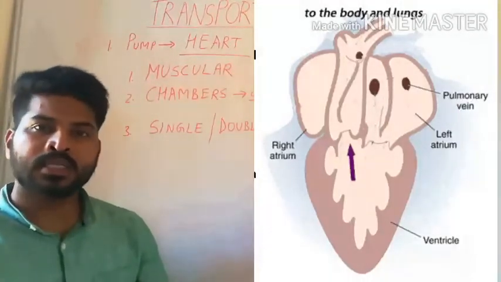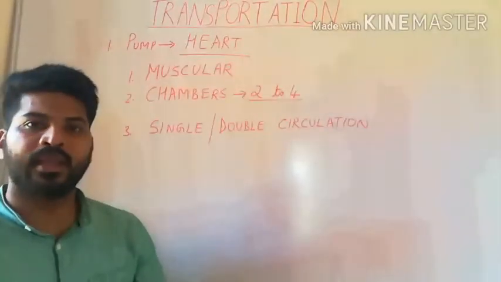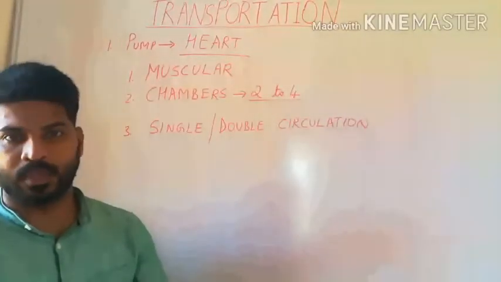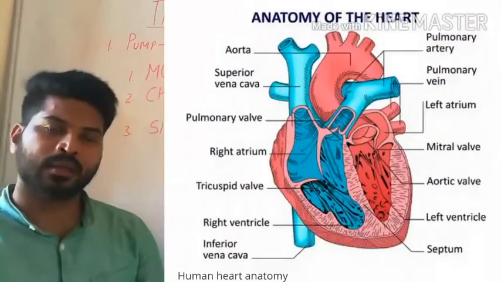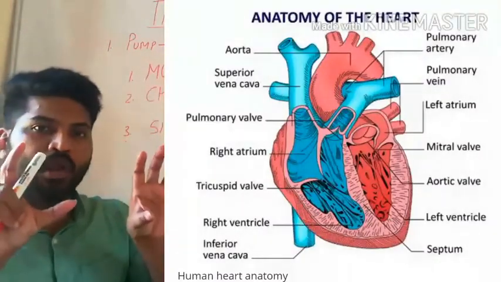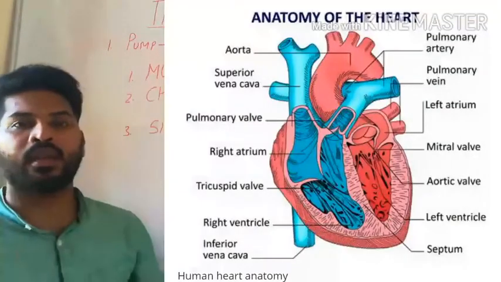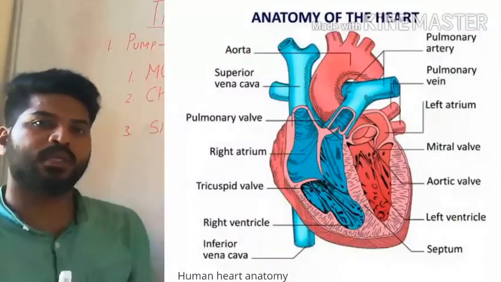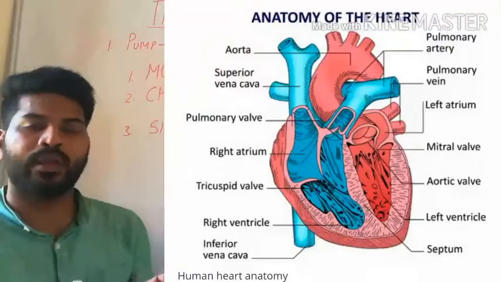In birds and mammals, we find there are four chambers. The human heart has two upper chambers which are small, called atria, and the two lower chambers are called ventricles.